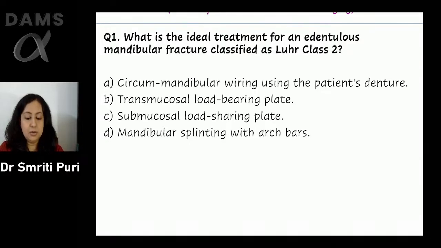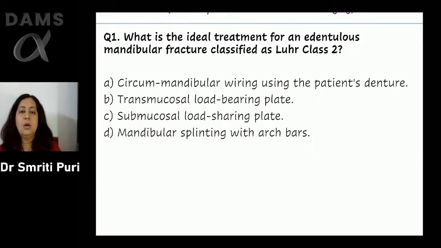What would be the answer here? Anyone who wishes to attempt this question? Otherwise, we will see what the question is.